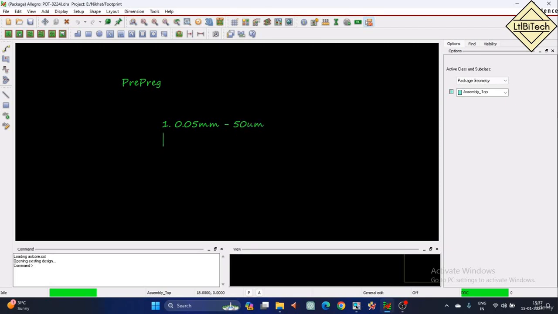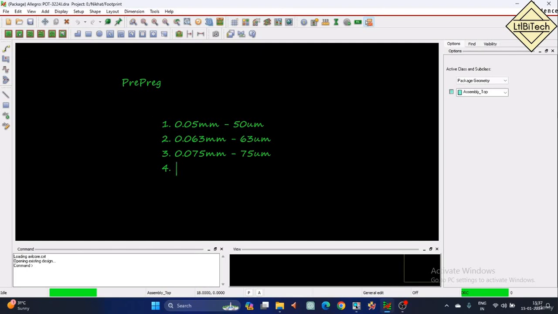Then the second one is 0.063 mm, that is 63 microns, which is also available in the market. Then the third one is 0.075 mm, that is 75 microns.